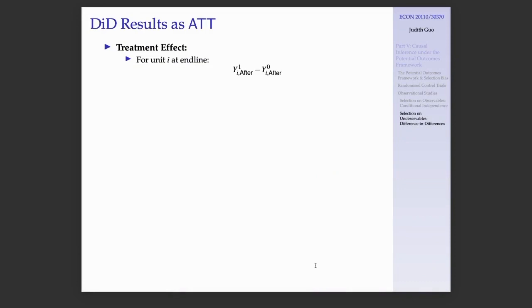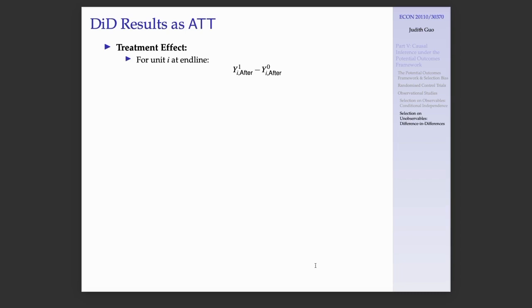Now, the DID actually helps us to identify the ATT, which is the average treatment effect on the treated. So recall how the treatment effect was defined. Essentially, we want to compare the same individual at the same time.